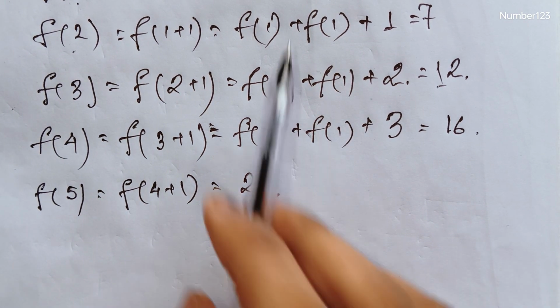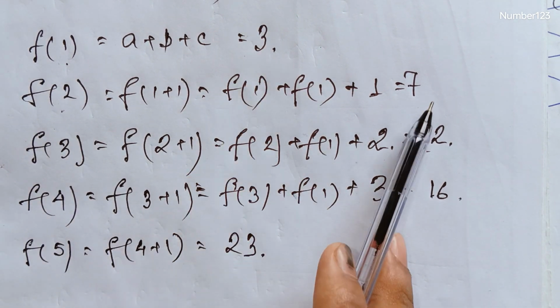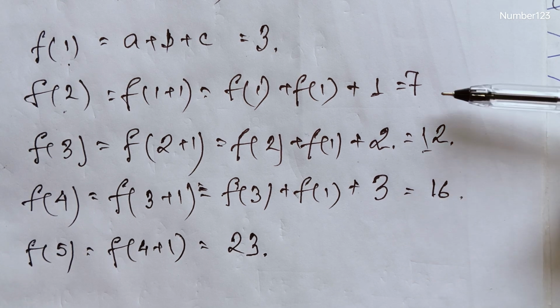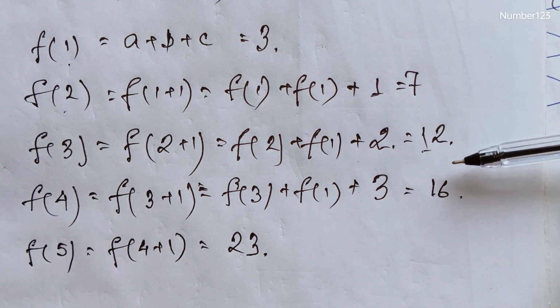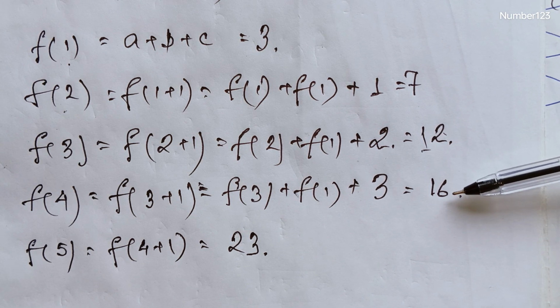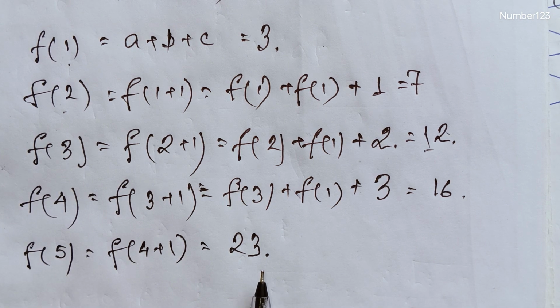Now check: 3 to 7 is plus 4, 7 to 12 is plus 5, 12 to 16 is plus 4, 16 to 23 is plus 7.